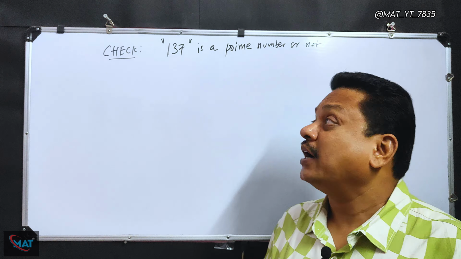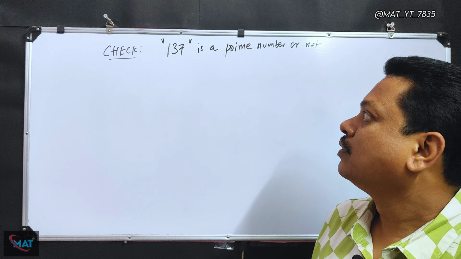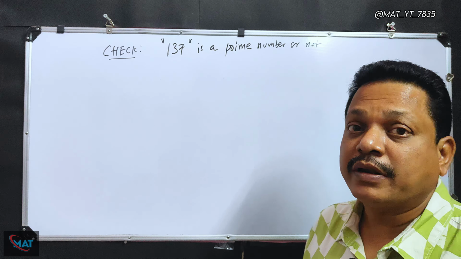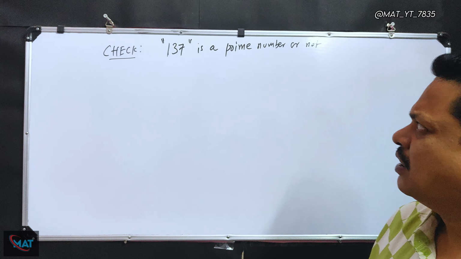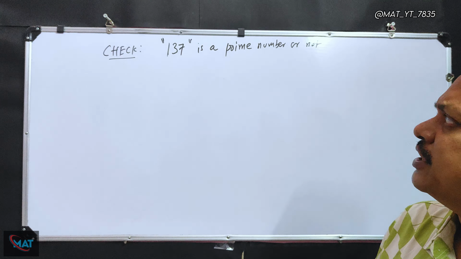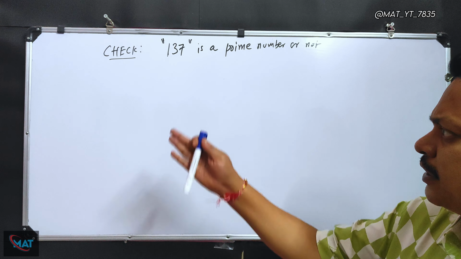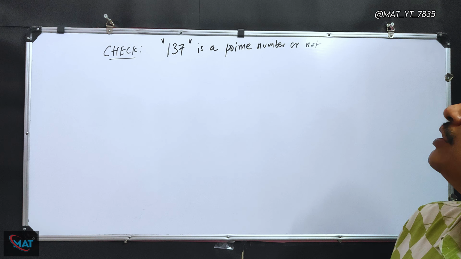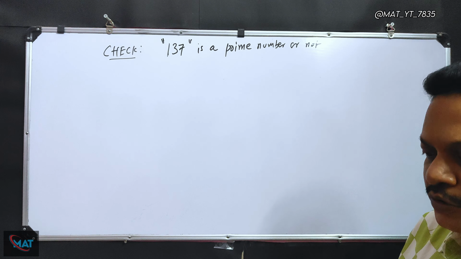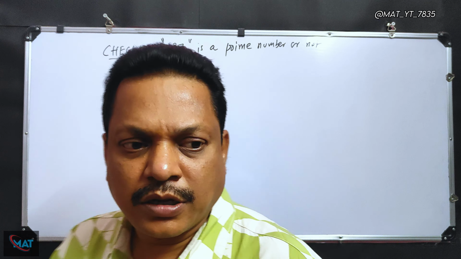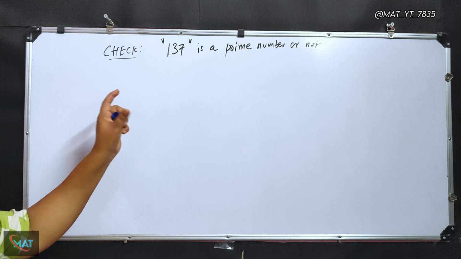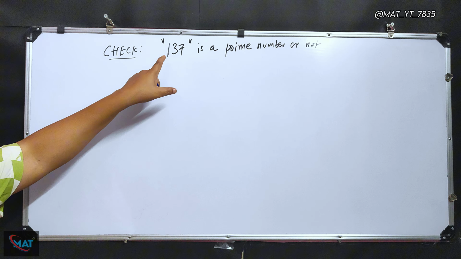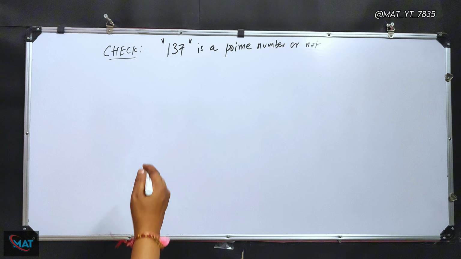Let us continue with another example to test whether a given positive integer is a prime number or a composite number. Here I took one more number, 137. We apply the 4-step mechanism in a similar manner. The first step is to choose two consecutive squares so that this number lies between them.